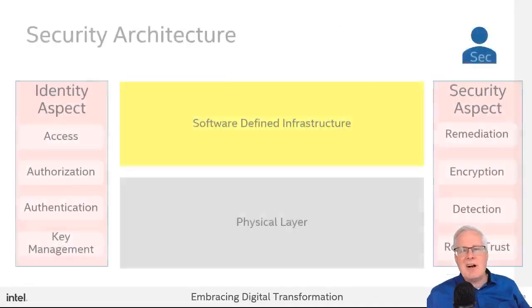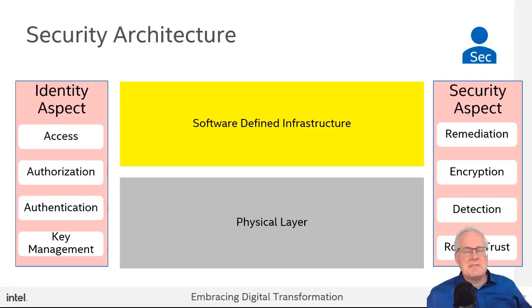Next, let's talk about security guys. The security guys have a whole lot of things that they would love to put into a system like this and make it as automated as possible. The first is what we call the identity aspect.